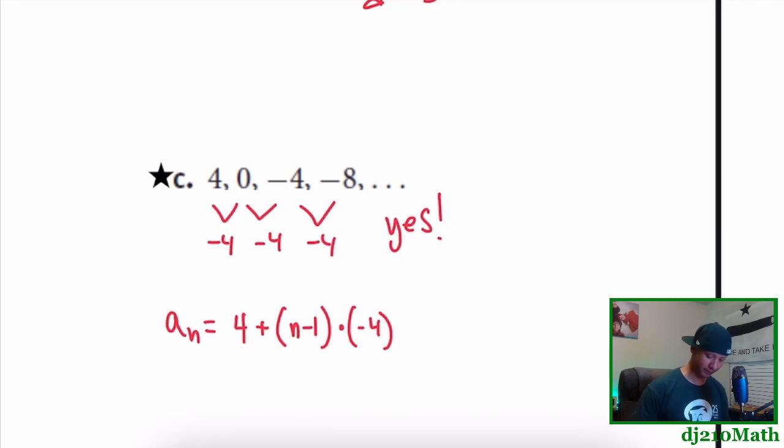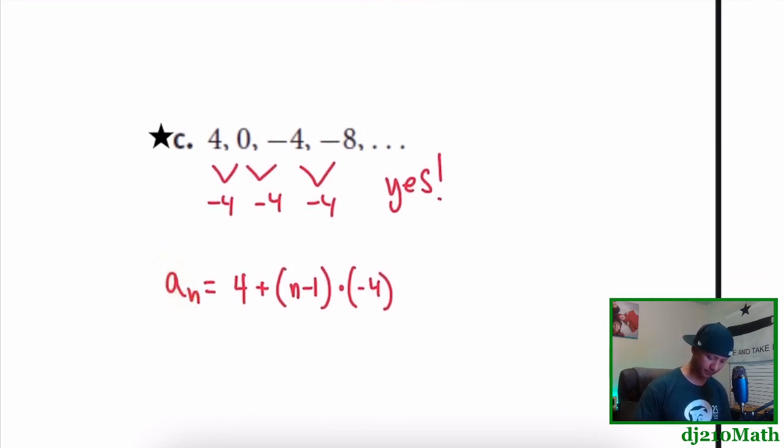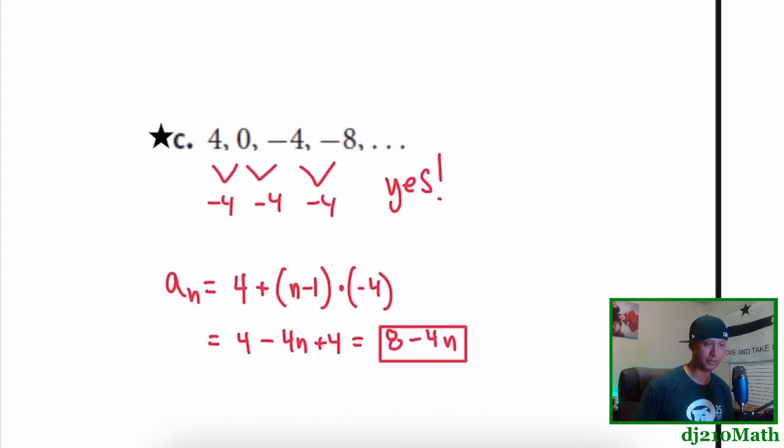All right, simplifying this, we're going to get 4 minus 4n plus 4, which is 8 minus 4n. So a sub n, in terms of n, is 8 minus 4n.